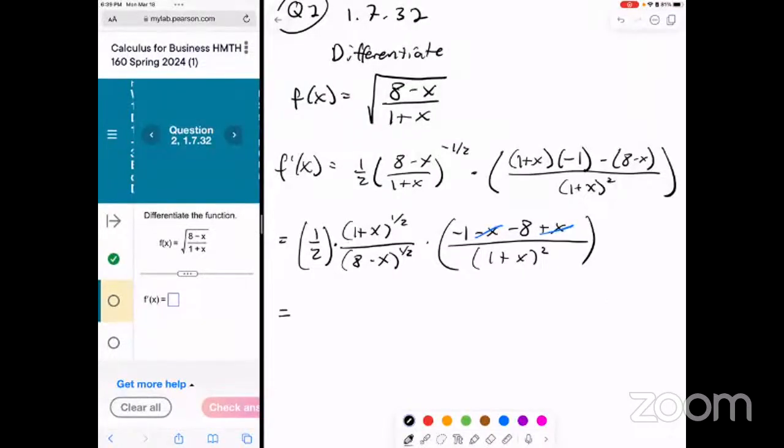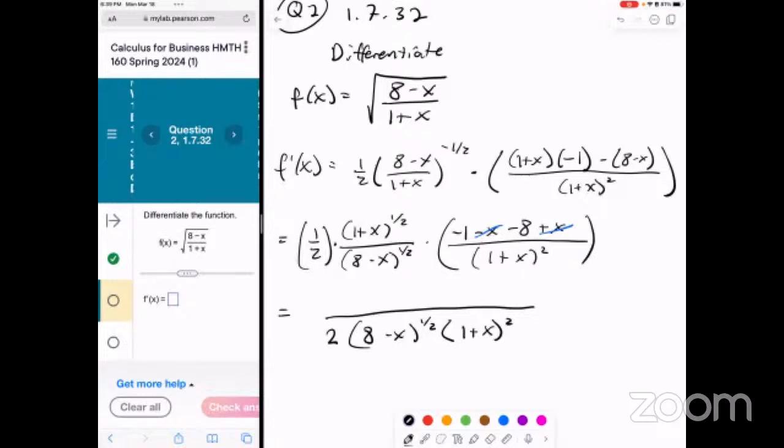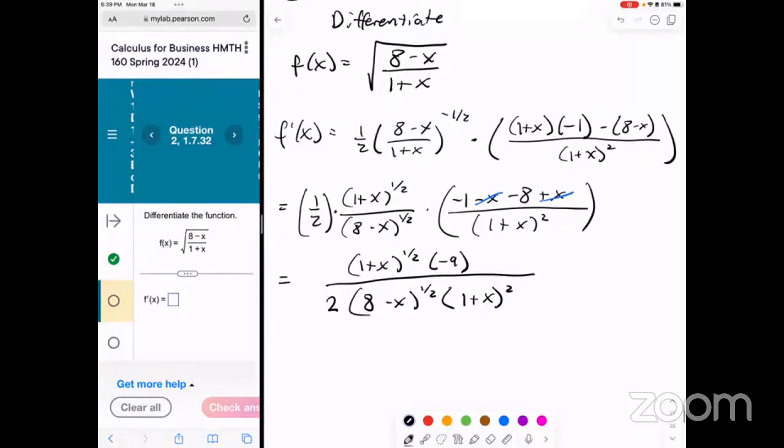So on bottom, we have this 2, 8 minus x to the 1/2, and we have this 1 plus x squared. And then on top, we have this 1 plus x to the 1/2, and I think we have a -9. Okay. So then we can subtract those powers. We can say a half minus 2 is a -3/2. Essentially, this is going to be gone, and this is going to turn into 3/2.